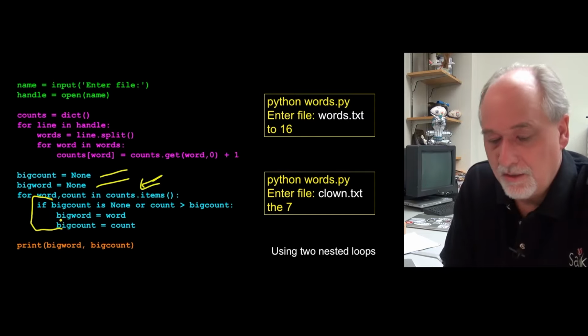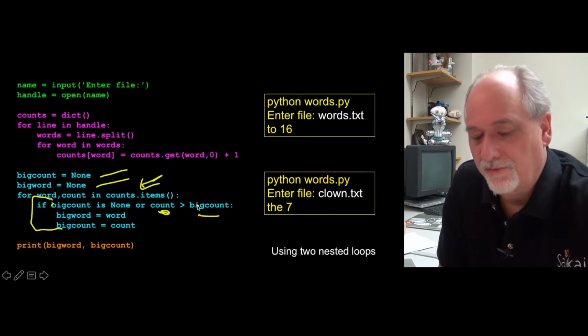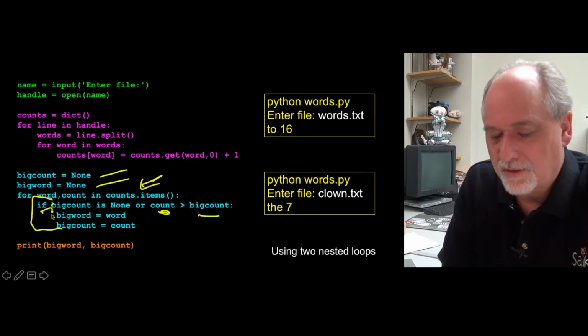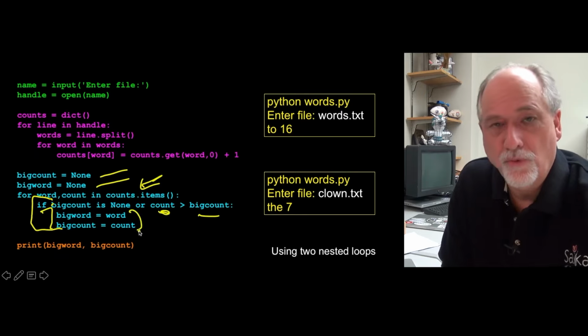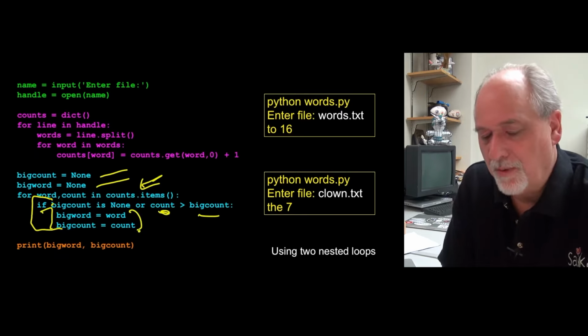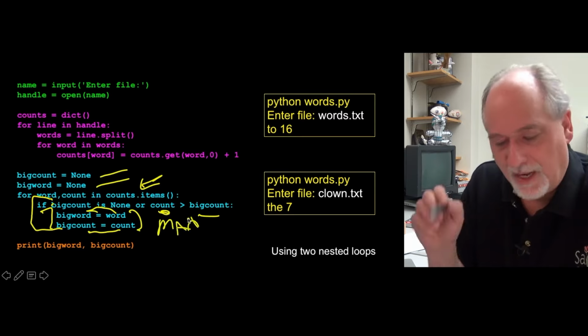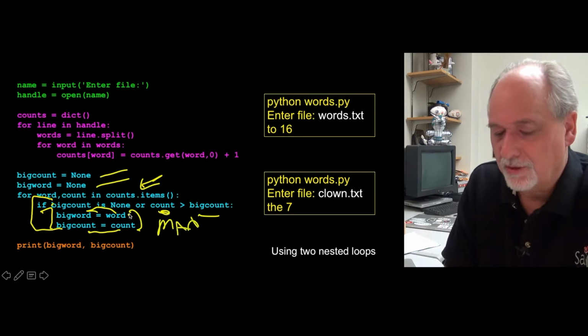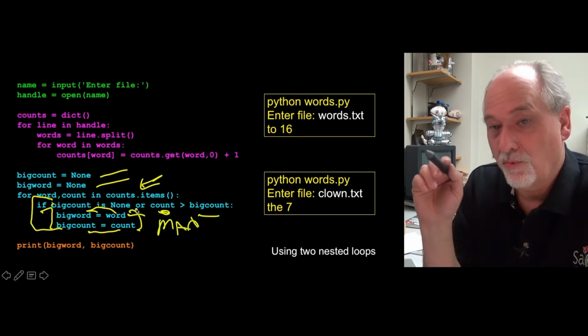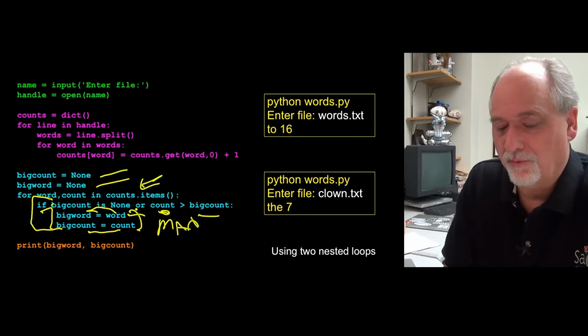If it's None, then we haven't seen anything, or if the count we just read is greater than the big count so far, we jump in, and this is sort of like, oh, this is a new personal best count for this particular data set. And so we're going to remember the word in big word, and the count in big count. So this is just a max loop, a maximum loop with the extra thing that in addition to recording the largest count, we're recording the word that was associated with that count.